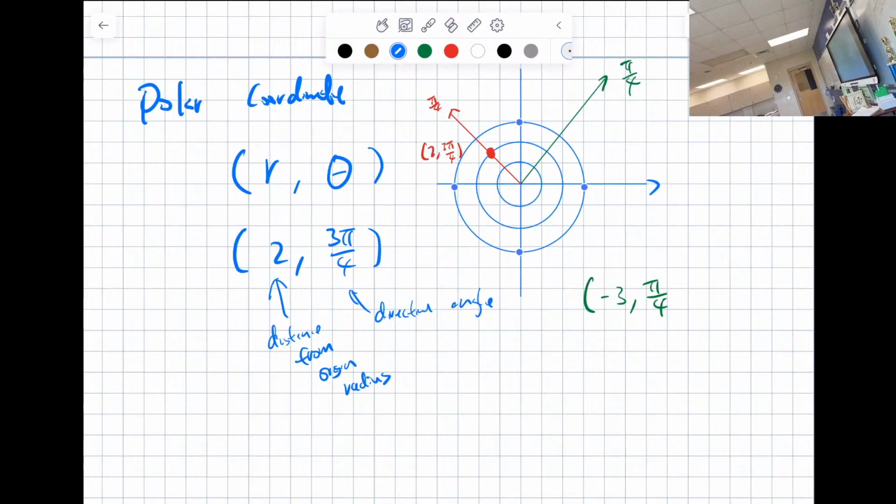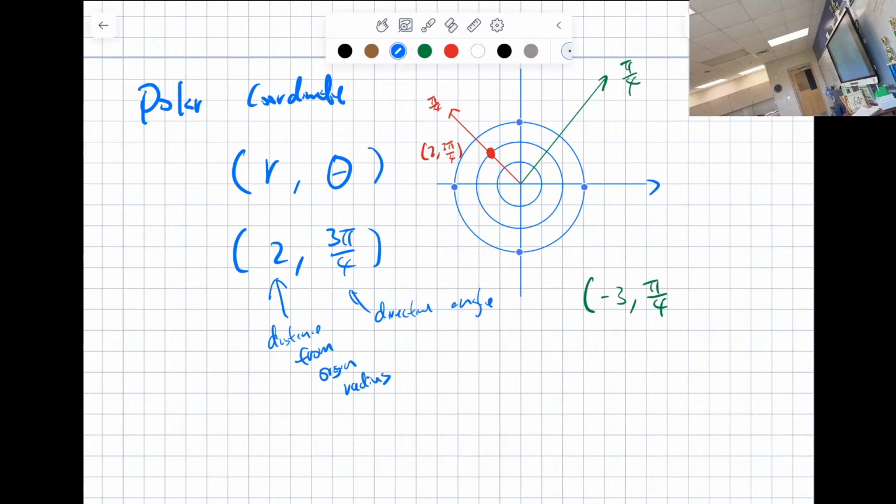So this one is a third ring, right? 2 pi over 3 is right here, right? Negative 2 pi over 3 is right here, right? Oh yes, it's third. I was thinking about this in negative. Sorry, it's third. I was thinking about negative 3. But anyway, this is third quadrant. Does that make sense? Yeah.